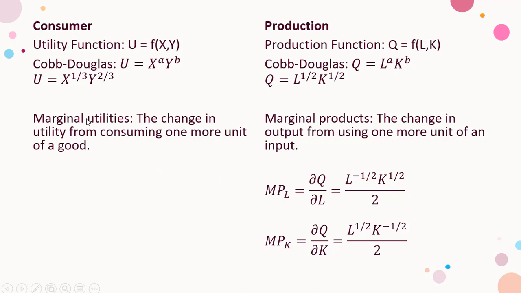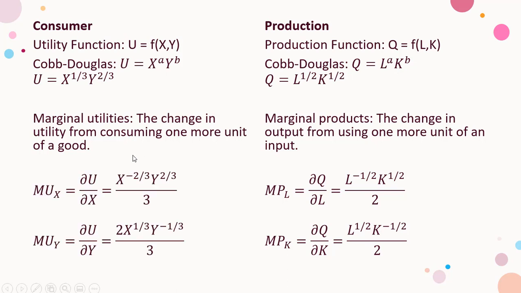On the consumer side, we have marginal utilities, the change in utility from consuming one more unit of a good. You can have the marginal utility of good X, the change in utility from consuming one more unit of good X. It is a derivative concept. We'll take the partial derivative of the utility function with respect to X. And remember, when we're taking partial derivatives, we're holding the other variable constant.